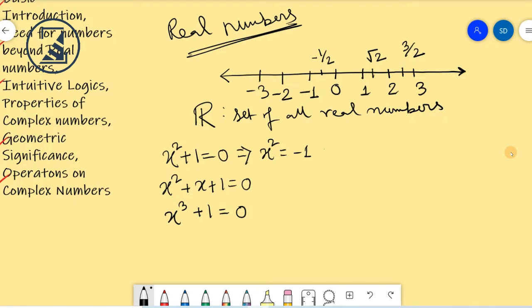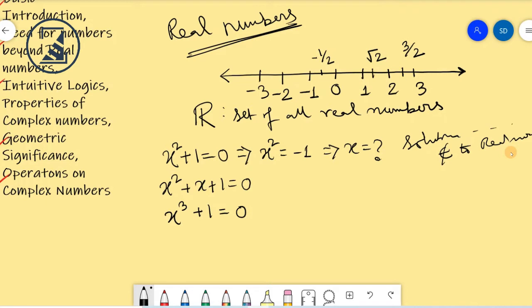Then what is x? There is no number in the set of real numbers that when multiplied by itself gives a negative number. This is not possible for real numbers. That's why we always say that the solution to this equation does not belong to the real numbers, or there are no real solutions.